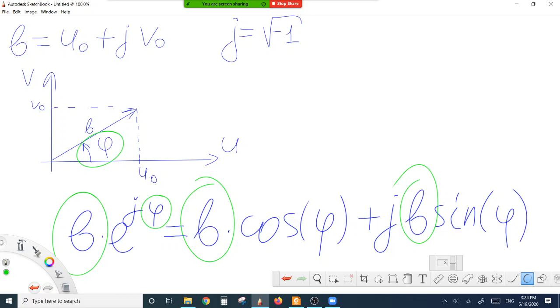If we take b multiplied by cosine phi, we get u0, which is the real part of our number. And if we take b multiplied by sine phi, we get v0 from this drawing, which is the imaginary part of our number.